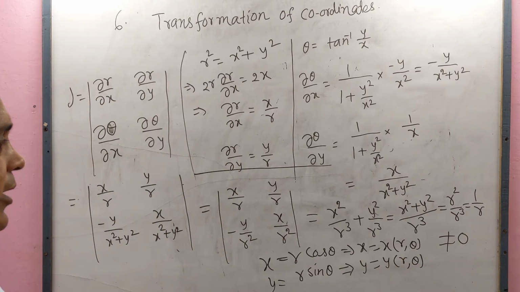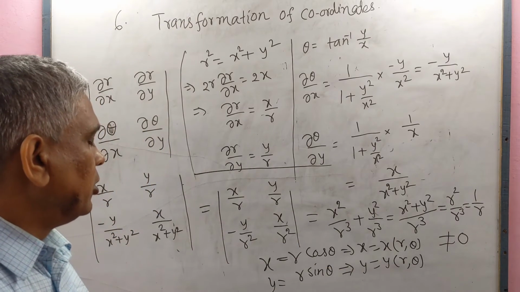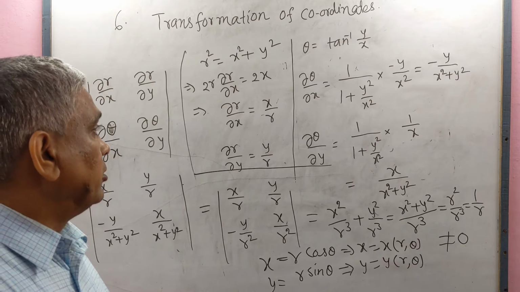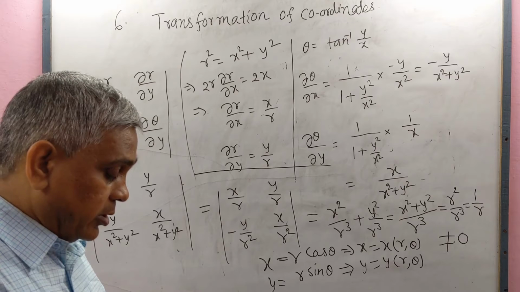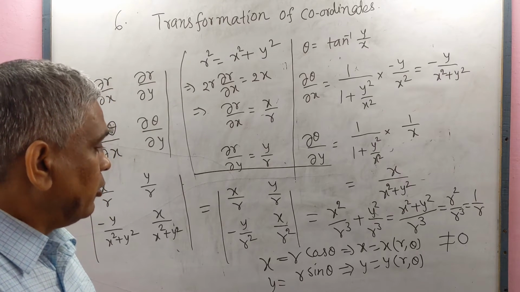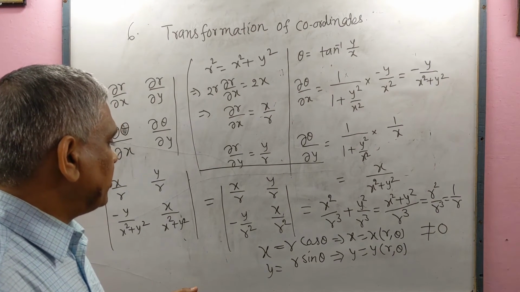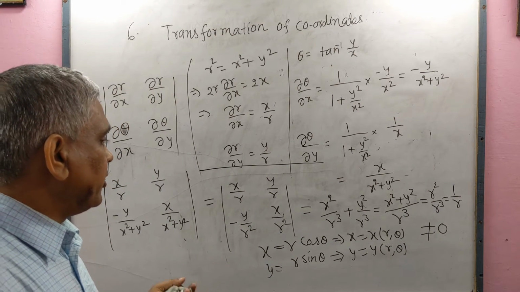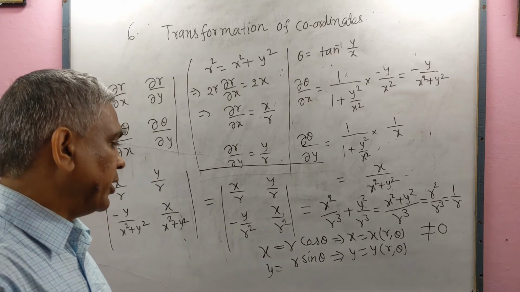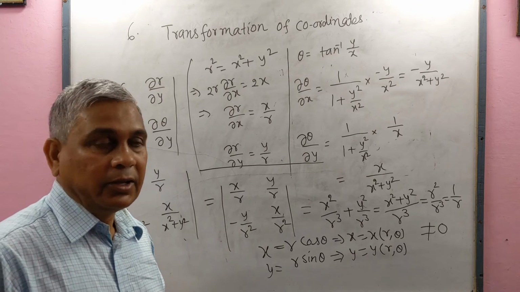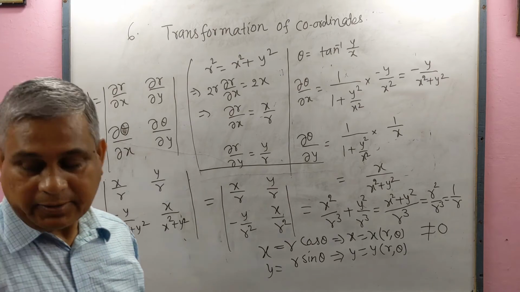So we have verified that if the Jacobian is not equal to 0 and the coordinates are continuous, single valued and also real valued, then we may find one relation between one system of coordinates and another system of coordinates, and conversely we may write this. This is the idea of transformation of coordinates.